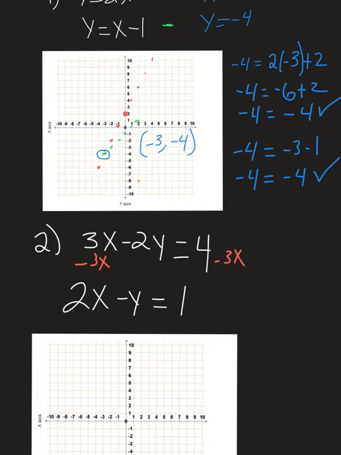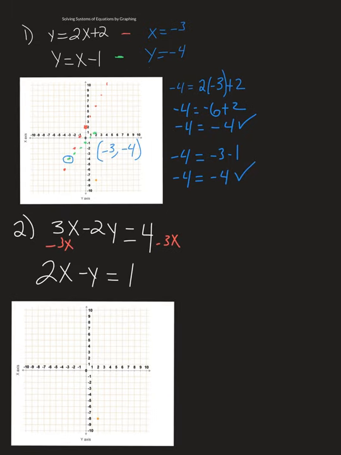And when we do that, we are going to get -2y is equal to -3x plus 4. Then we need to get y by itself, so we need to divide both sides by -2.